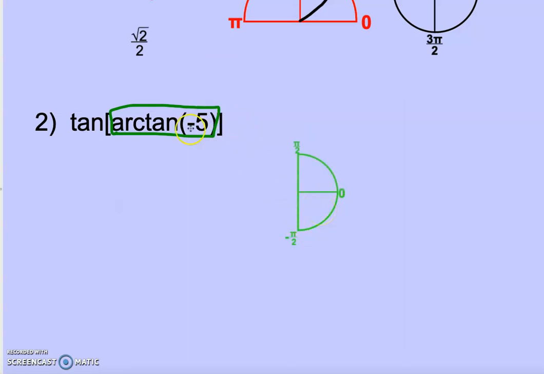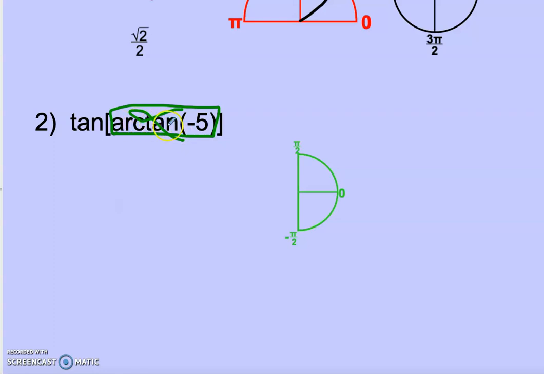But I don't know where the tangent is -5. I know where the tangent's -1. That's right here at the bisector. I know where the tangent is undefined. That's straight down. -5 is somewhere down here. And I don't know where it is. But I do know this. I know that whatever this is just some angle. And I'll call it alpha.